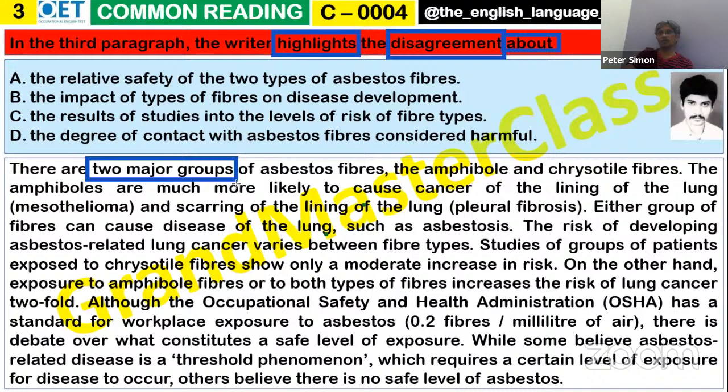Number one: the studies of groups of patients exposed. So there are two groups, two fibers: one group exposed to this fiber and another exposed to that fiber. One is the amphibole fibers and the other is chrysotile fibers. Some are affected by amphibole fibers, some by chrysotile fibers.